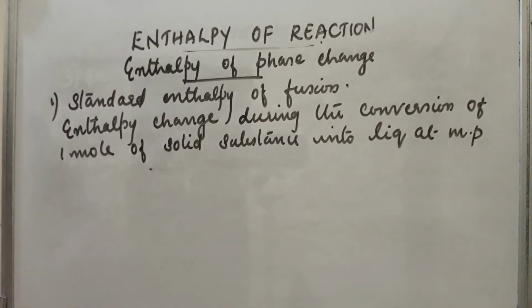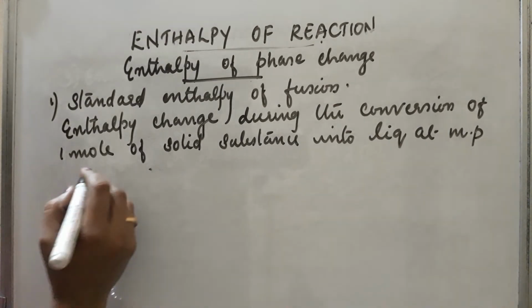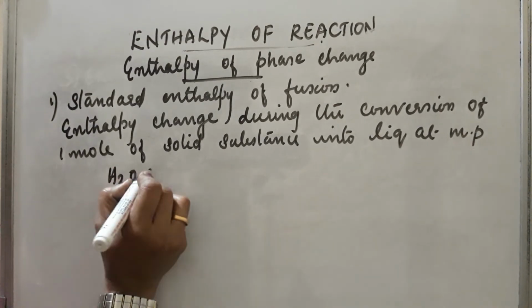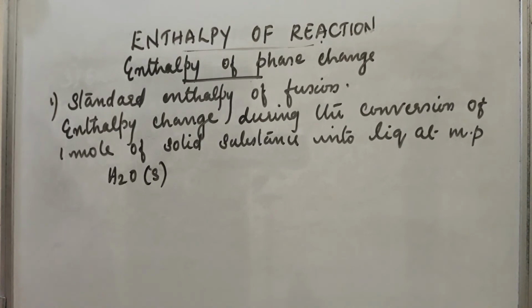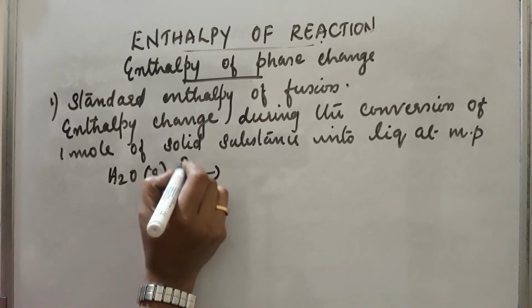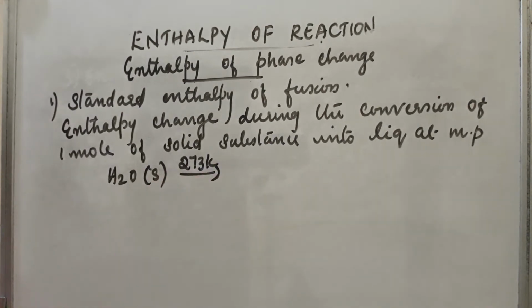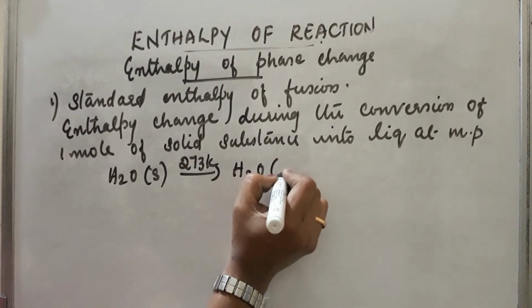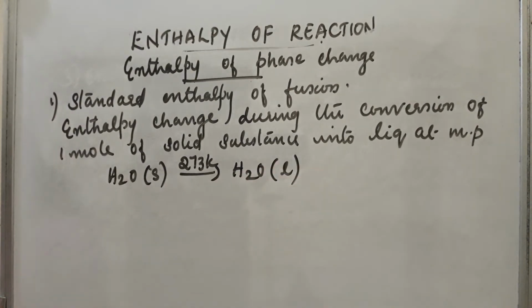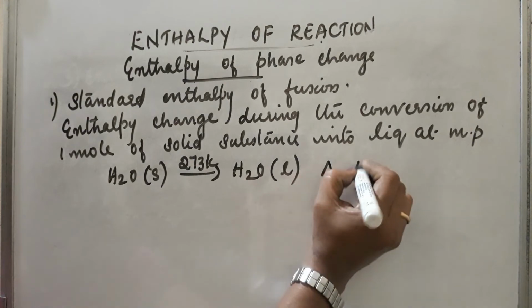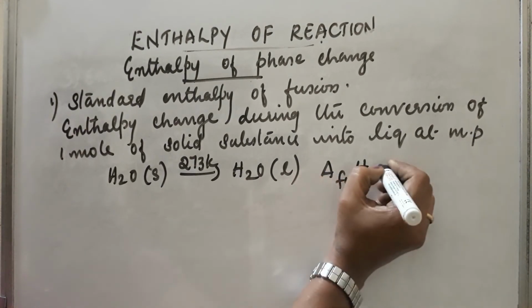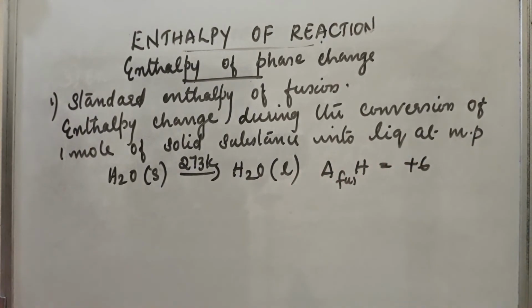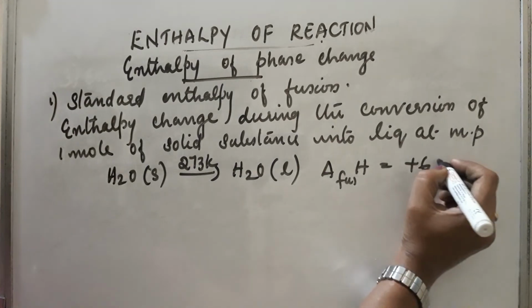Let us take an example: H2O solid, ice at 273 Kelvin, gets converted into H2O liquid, and delta H of fusion is found to be plus 6 kilojoule per mole.